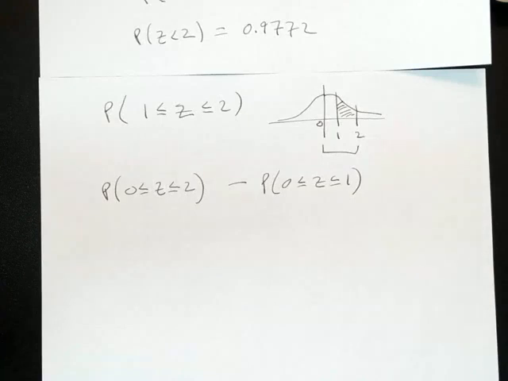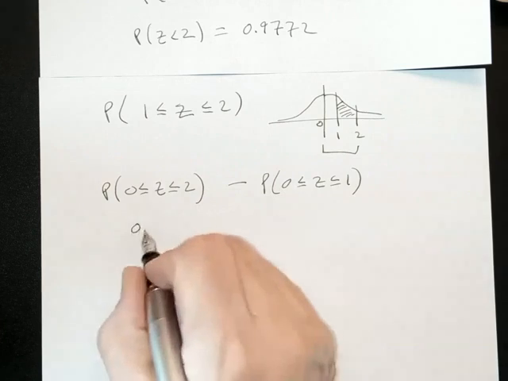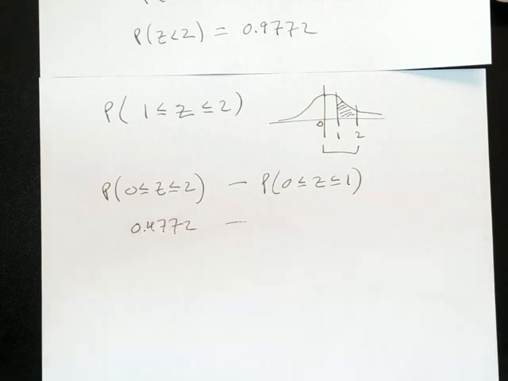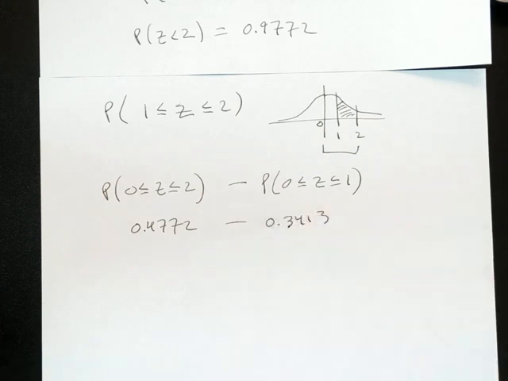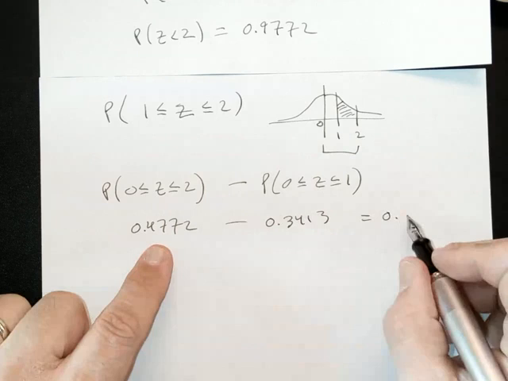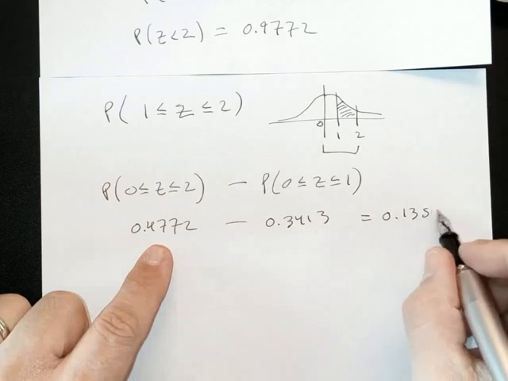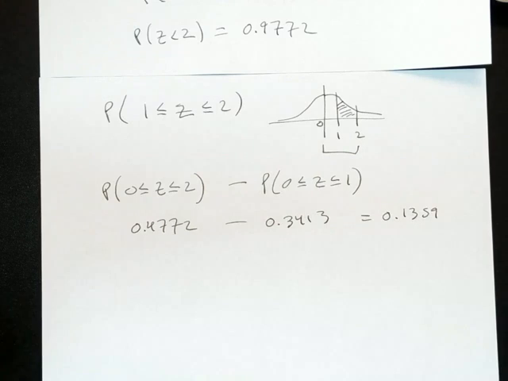Now both numbers are in my table. I use that 2, 4, 7. Right? Please tell me I did the arithmetic right in my head.